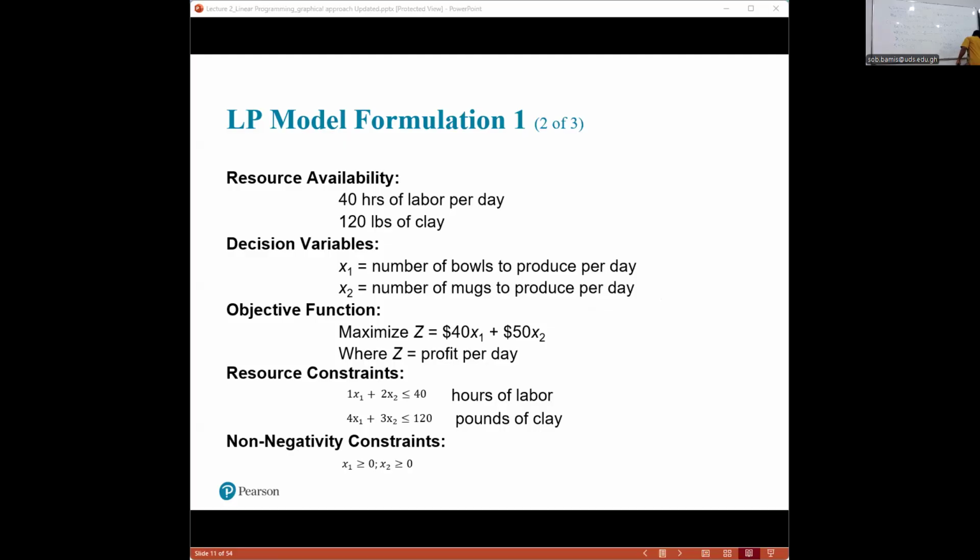Now, if x2 is equal to 0, it will imply that 900 is equal to 40x1, because this is 0. Which will mean that x1 is equal to 900 over 40, which is 22.5.